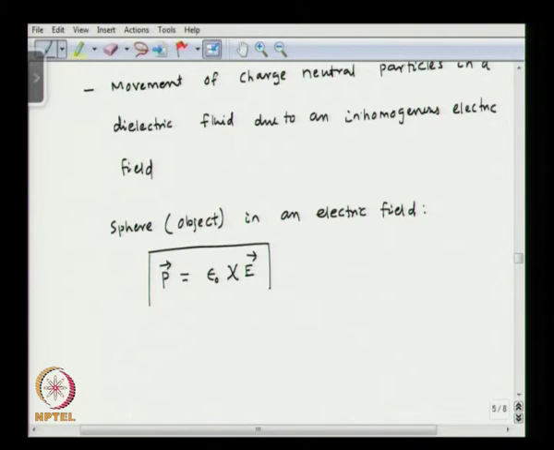So, the object or the sphere will get polarized, where psi is the susceptibility. Okay.